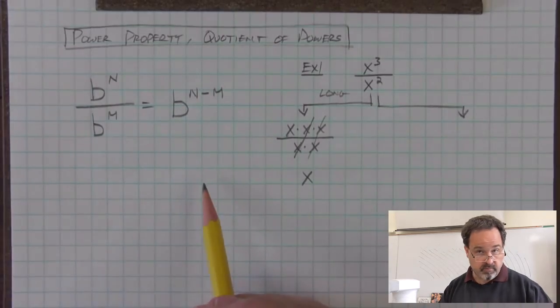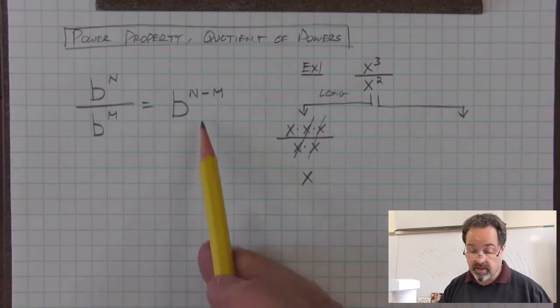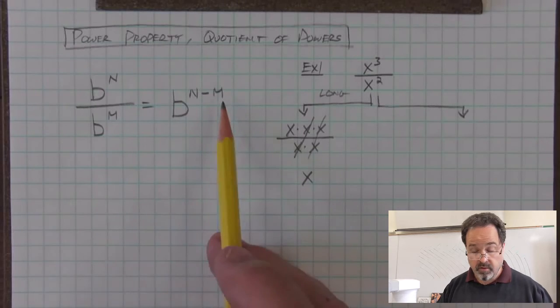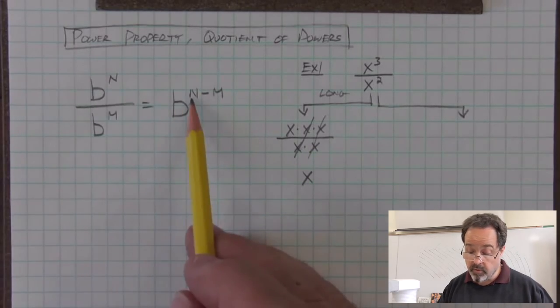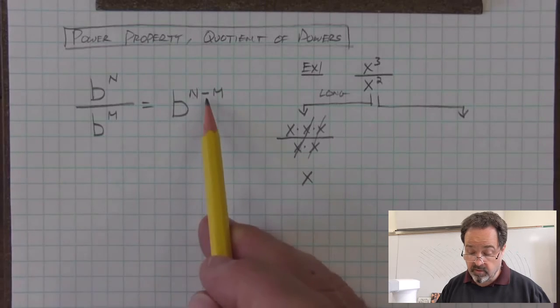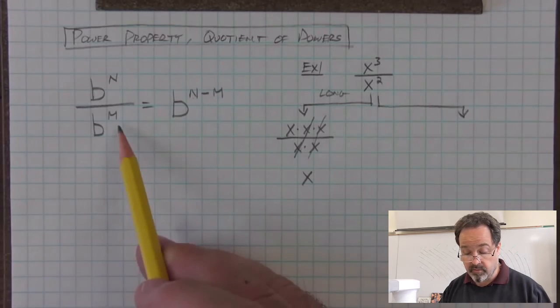And this difference, meaning subtraction, has to be in this order. In this subtraction here, the exponent of the numerator must come first. And then you need to subtract the exponent of the denominator.